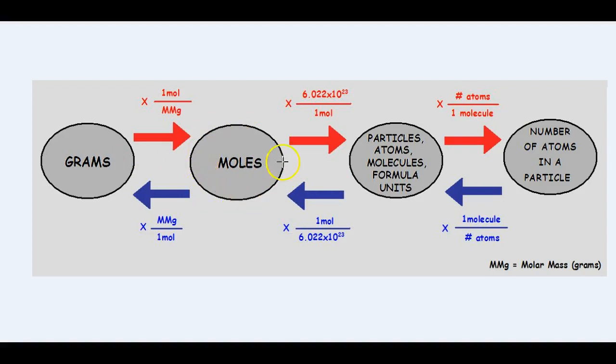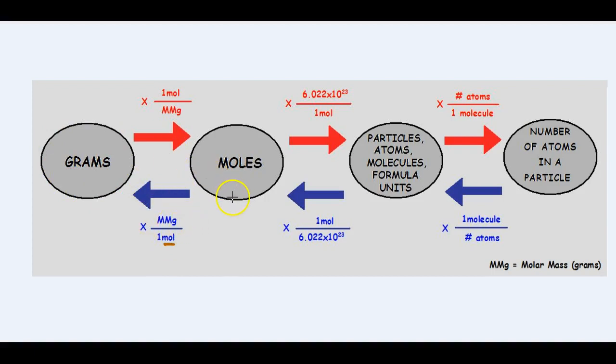But we have moles, and we can go from moles to grams. To do that, we're going to use this conversion factor. A conversion factor is just a fraction that allows us to move from one unit to another. So on that fraction, you always have the unit that you're trying to move away from on the bottom because it's going to cancel, and then the unit that you're moving toward on the top.